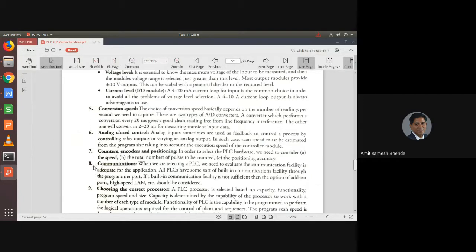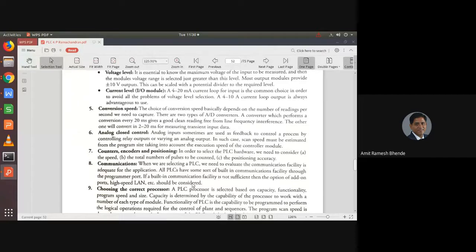Then next point is communication. So when we are selecting a PLC, we need to evaluate whether the communication facility is adequate for the application. All PLCs have some sort of built-in communication facility to the programmer port. If the built-in communication facility is not sufficient, then the option of add-on ports, high-speed LAN, etc. should be considered. So what kind of communication do you require in the PLC?